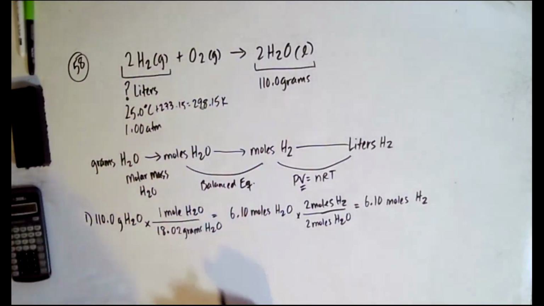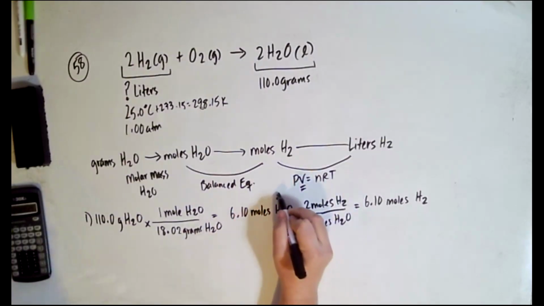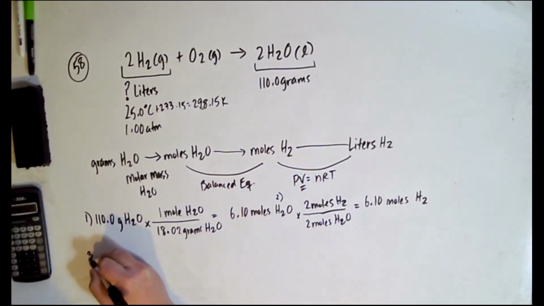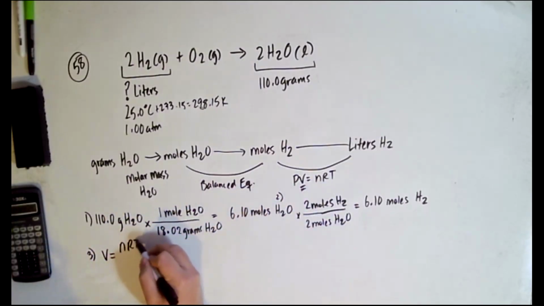Once again, I'm using the decimals for Kelvin here because they gave us a temperature that had some decimals in it. So here, we can consider this part step 2, and then this part will be step 3. We'll take our PV equals nRT equation and we'll solve it for volume. So that will be nRT divided by pressure.